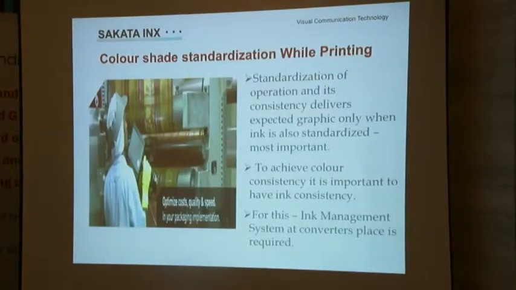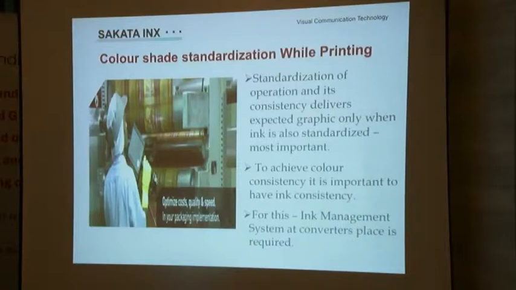And then after keeping everything, how the color shade has to be standardized while printing. This comes into the picture. You have taken care of each and every aspect. Even then, at the time of printing, the color keeps on changing. So there you have to have this ink management system.